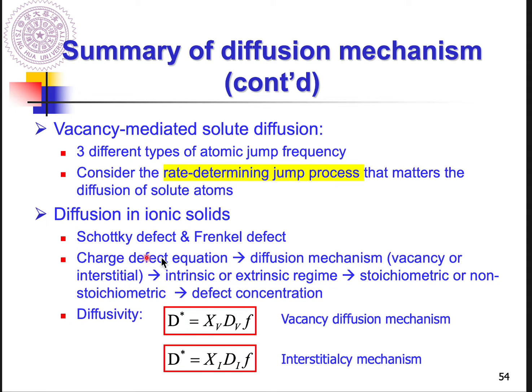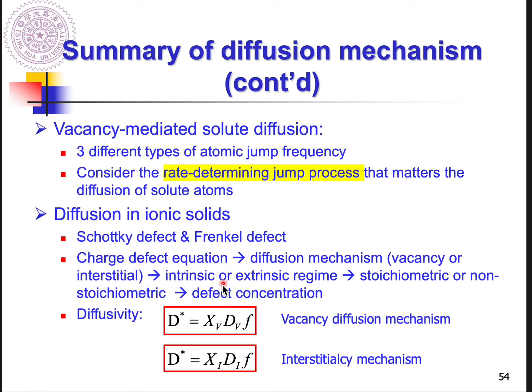And next, at the end of this lecture, we give you some examples of diffusion in ionic solids. But this ionic solid diffusion actually goes through the vacancy-mediated diffusion mechanism. And we have 2 different kinds of defects. The first one is the Schottky defect. The second one is the Frenkel defect.